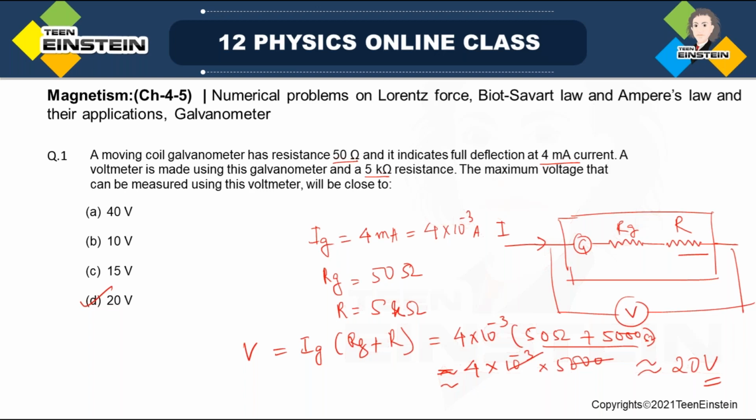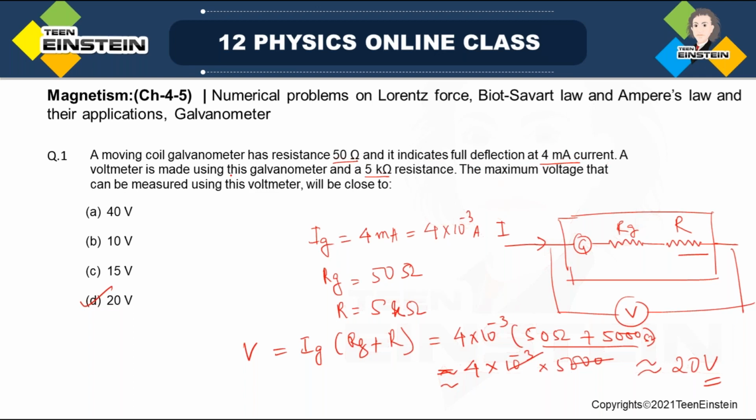I hope I am clear to you. If not, please just look once again. So what were the parameters given for the galvanometer? Moving coil galvanometer has resistance 50 ohm and it indicates full deflection at 4 milliampere current. That means this is the Ig.